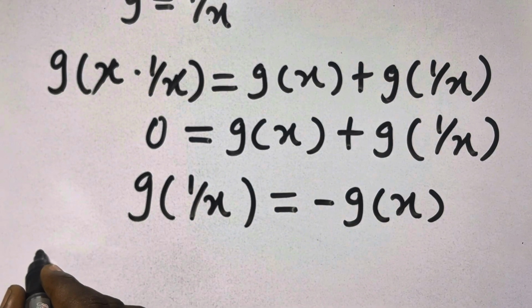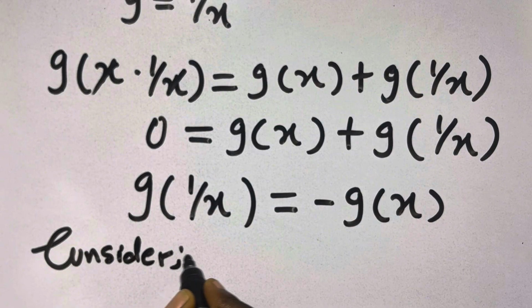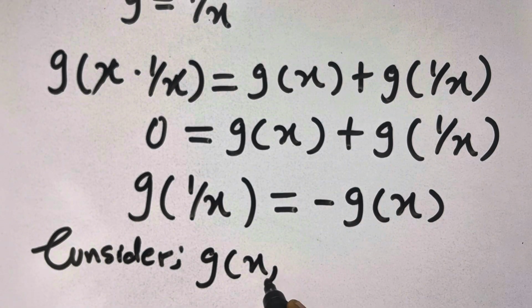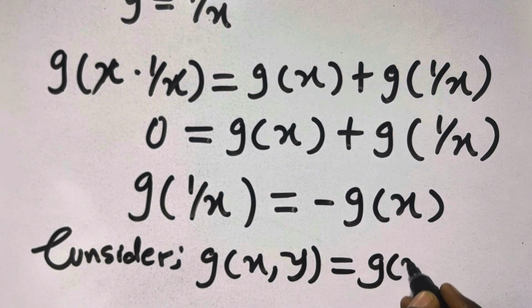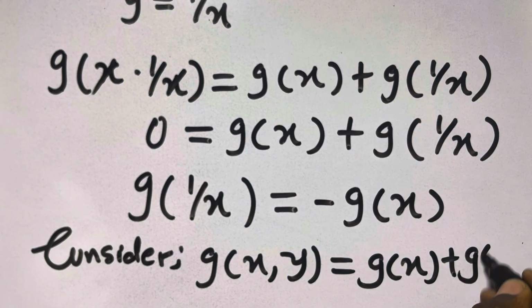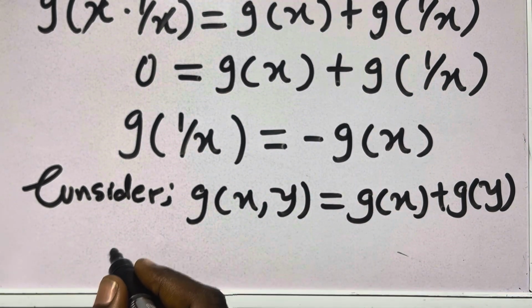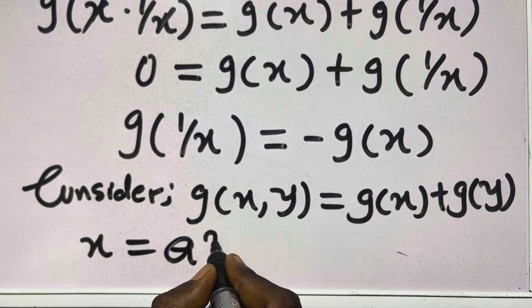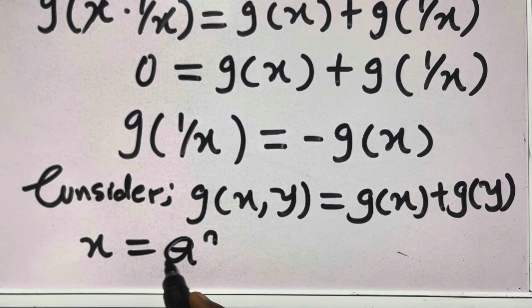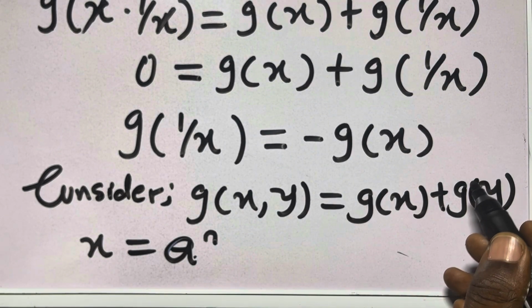However, let's try to look at another means. Another means will be to consider g of x comma y equals g of x plus g of y. If you consider it, we will let our x be a raised to power n. That means we have to substitute a raised to power n for x in this general expression I started above.